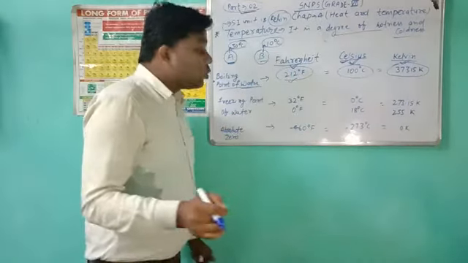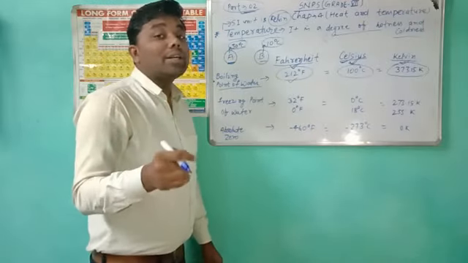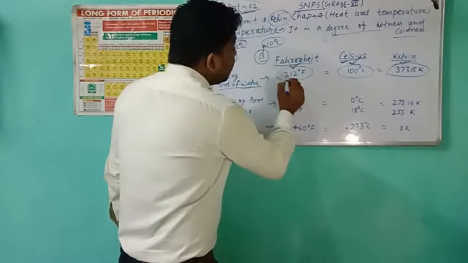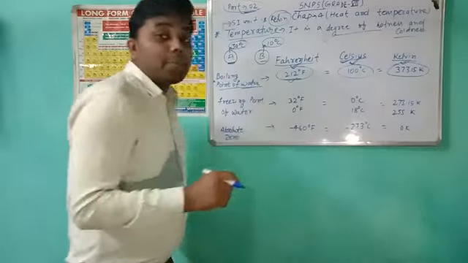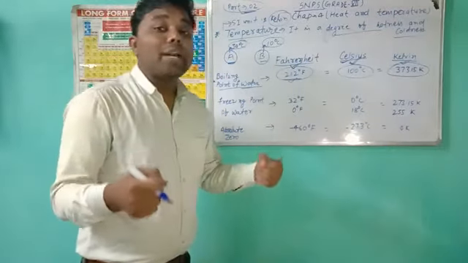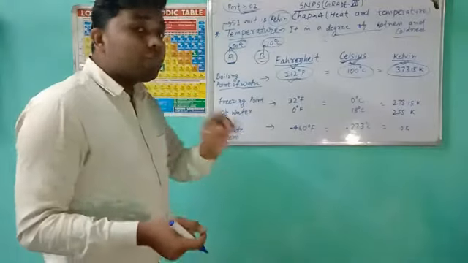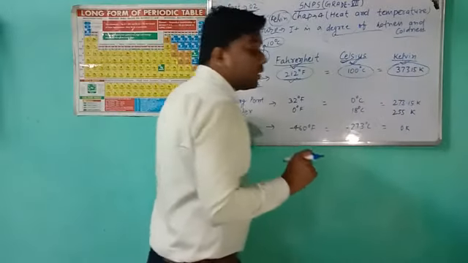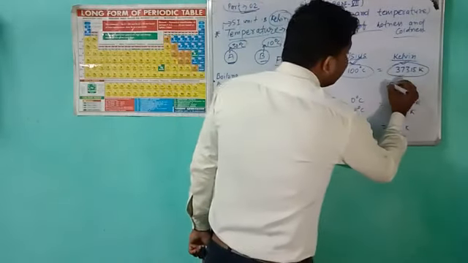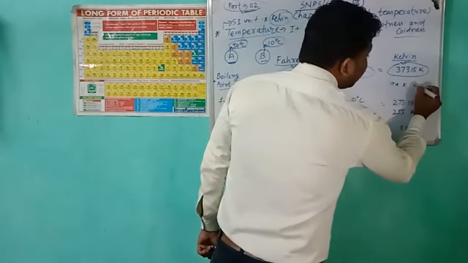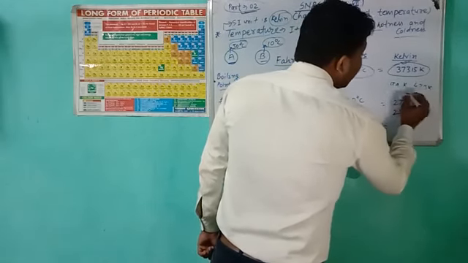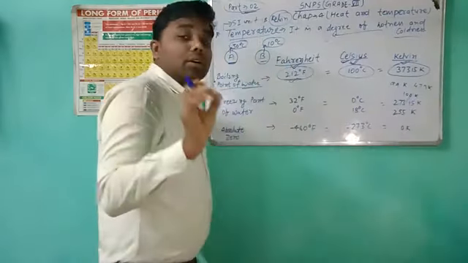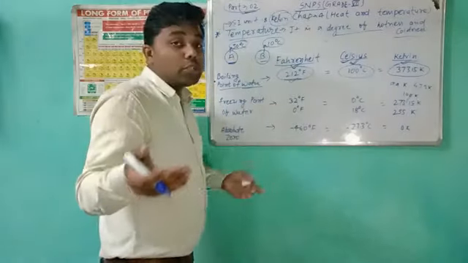If I ask what the boiling point of water is in the Fahrenheit scale, you should say 212 degree Fahrenheit. If I ask the boiling point of water and you have four options, 373.15 Kelvin, 99 Kelvin, 473 Kelvin, and 100 Kelvin, don't get confused.